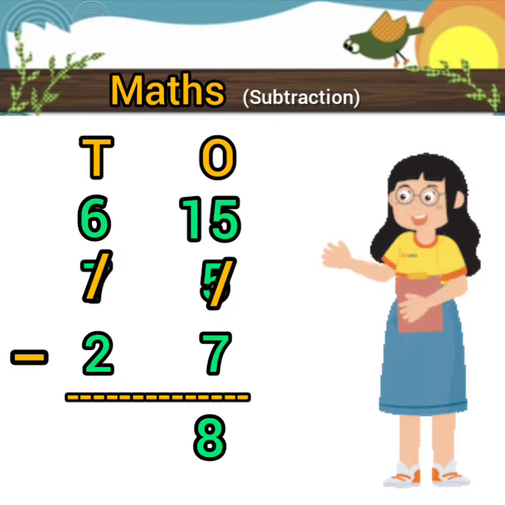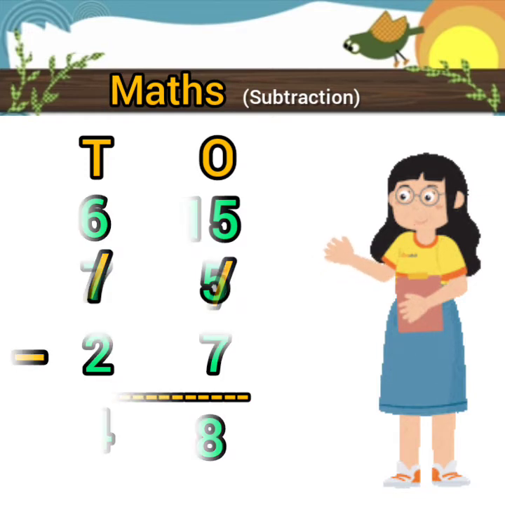Yes, I'll get 4. So the difference of 75 and 27 is 48. So if we subtract 27 from 75, we will get 48. I hope children, you all can understand what I have explained.